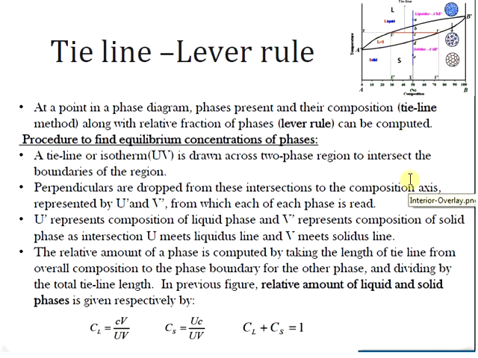So that is the relative amount of liquid present. Similarly, if you want to know the relative amount of solid phase present in this particular alloy at that particular temperature, that corresponds to CU, computed by taking the length of the tie line from the overall composition C to the other phase, that is the liquid, so that is CU or UC divided by the overall tie length.